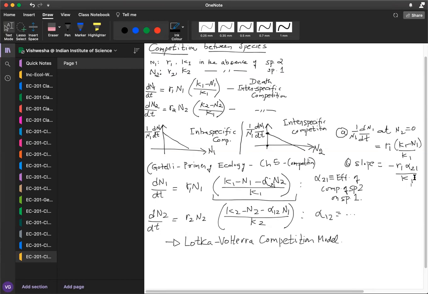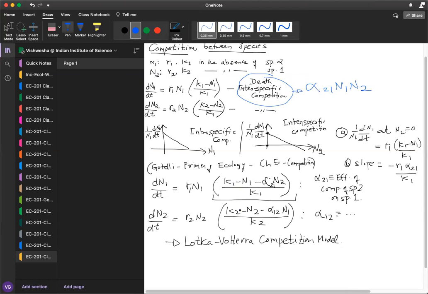If you refer to other books, they may write the model with different coefficients, but the model still has the same structure. For example, in some books you may find that this term is added directly in this form, with alpha 2 1 and alpha 1 2.